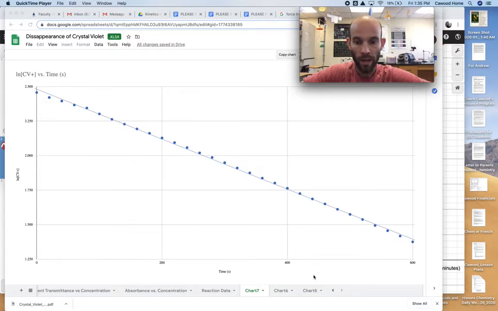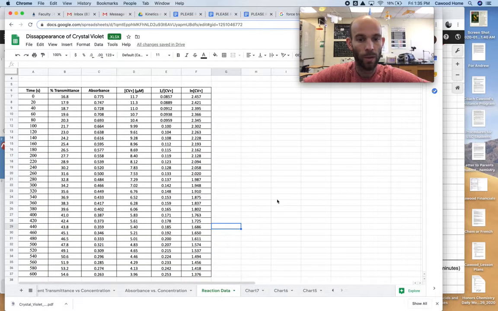So we can go ahead and summarize our rate law this way. Now that we've looked at our graphs, we can say that the rate of this reaction, which in general would be k times the concentration of CV plus, crystal violet cation, the purple one, raised to the n power, times the concentration of hydroxide ion raised to the m power.